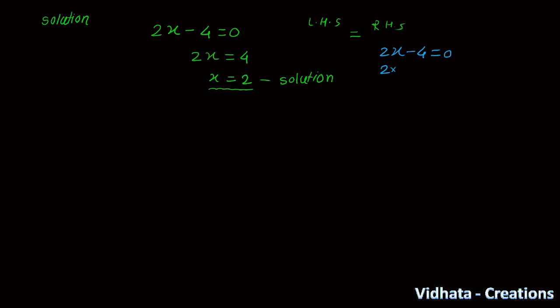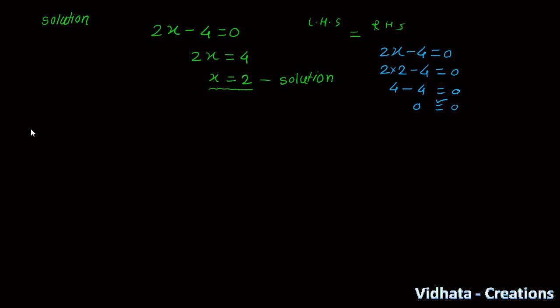Nothing, means multiplication. So 2 into 2 minus 4, and on this side there is 0. 2 twos are 4, 4 minus 4, here we will get 0. Thus left hand side is equal to right hand side, and this is the solution.